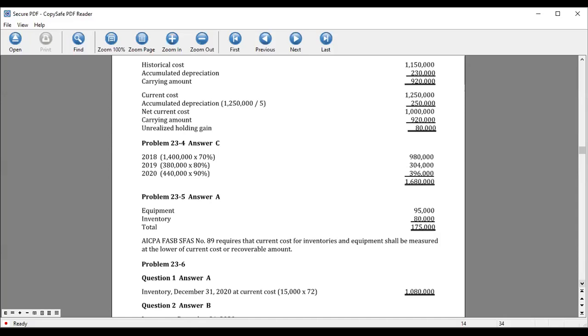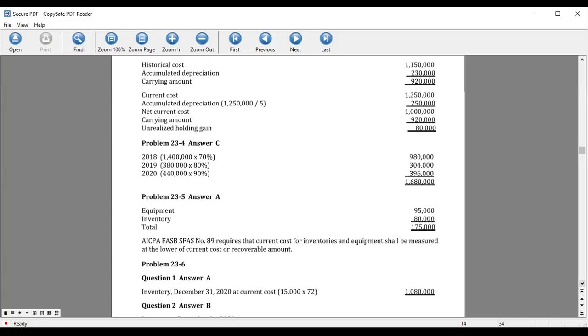Then 2019 is 380,000 multiplied by 80%, and in 2020 we have 440,000 multiplied by 90%. So we have 396,000 for the net current cost of the property, plant, and equipment.